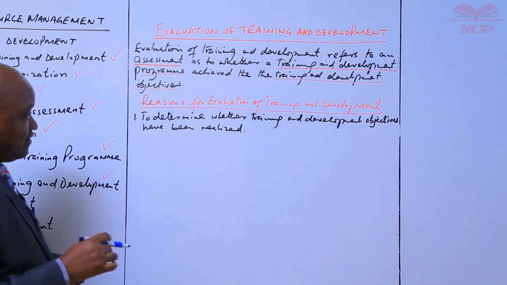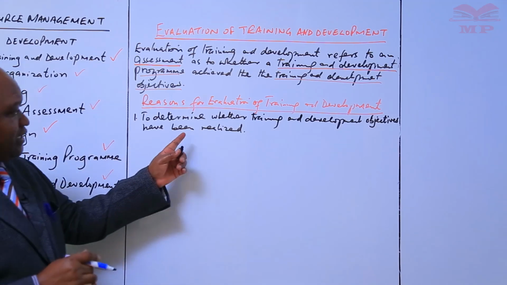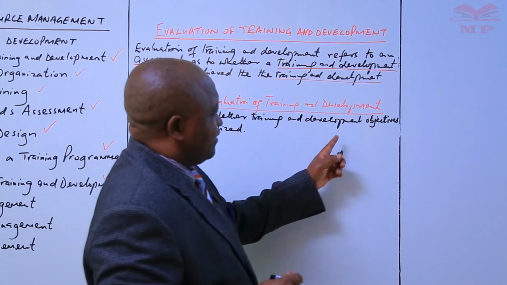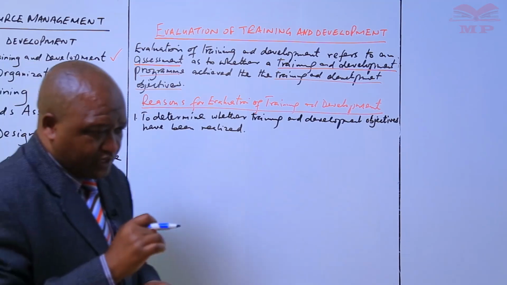So the first and very critical reason why training and development is evaluated is to determine whether training and development objectives have been realized.